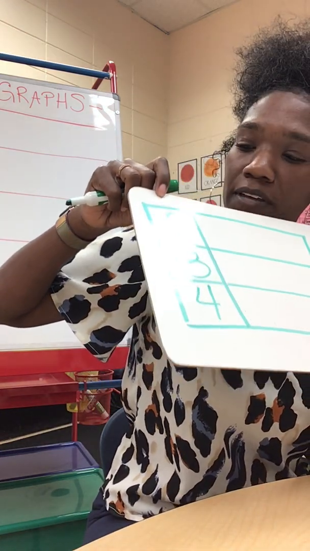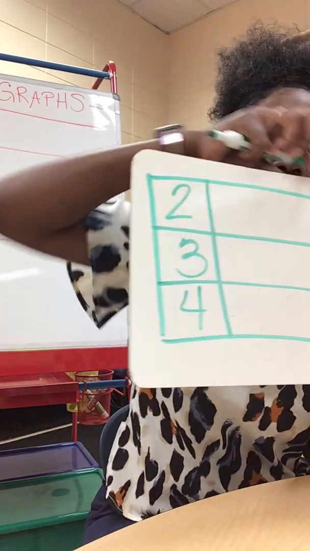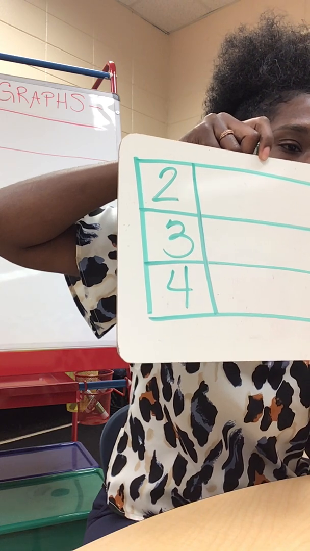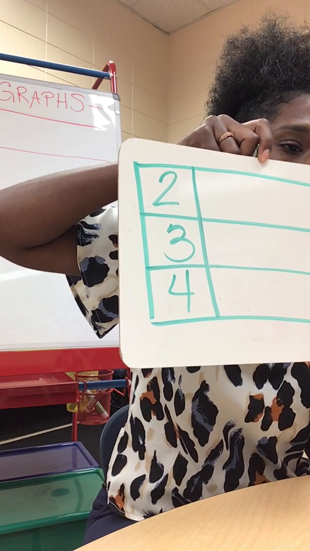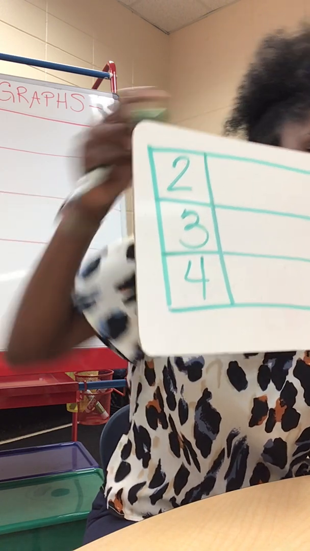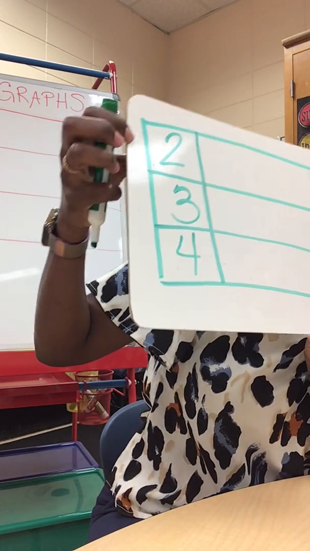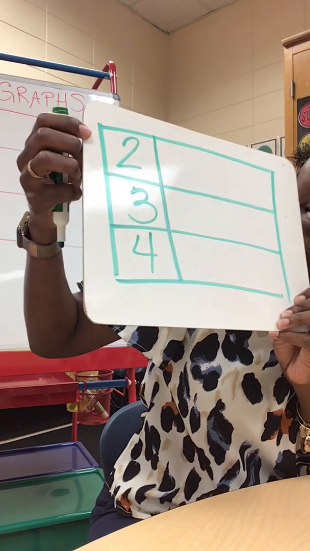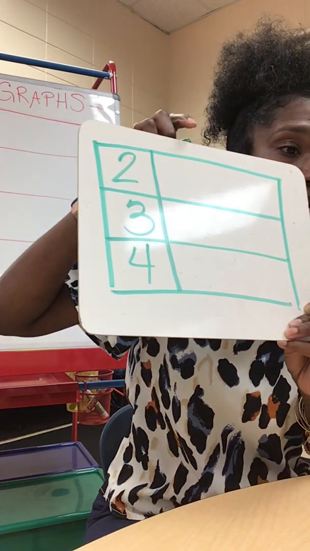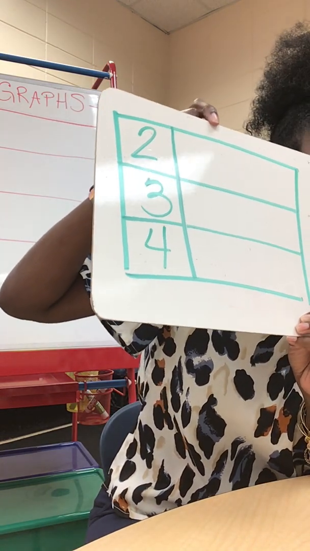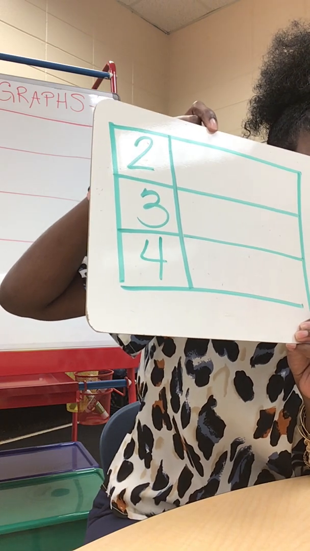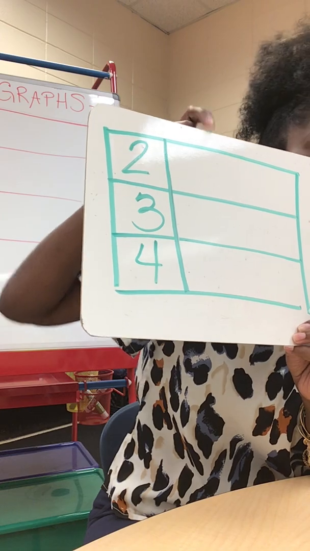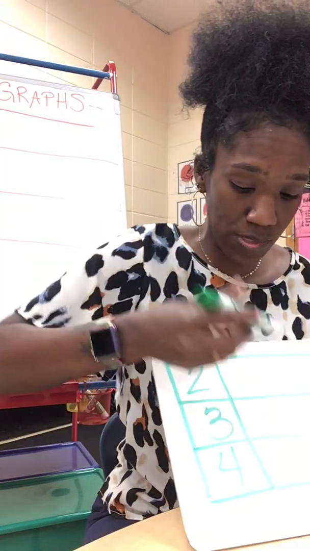So Memphis, for this top row, how many tallies would I put here? You don't know? What's this number? 2, yes, this is the number 2. So, Shivam, how many tallies would I put here? 2. Very good, 2. I would just put 2 tally marks there.